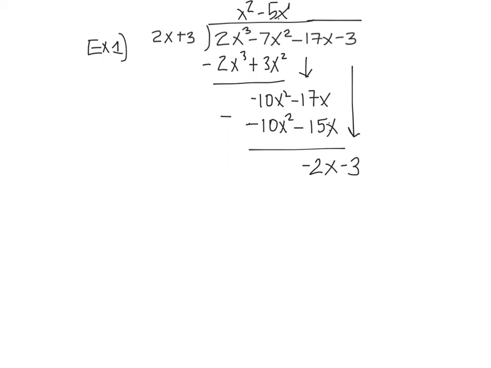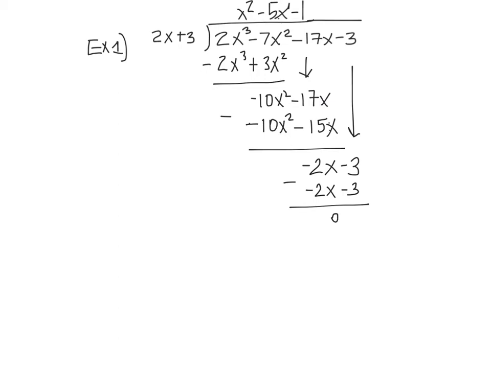And now, what do I need to multiply it by? I just need to focus on the first term here, negative 2x. So I multiply by negative 1. So that becomes negative 2x. And then that will be negative 3. And I subtract. And this becomes 0.